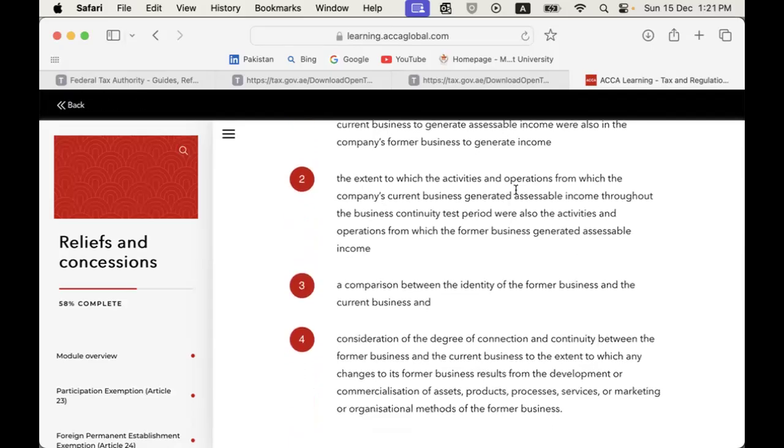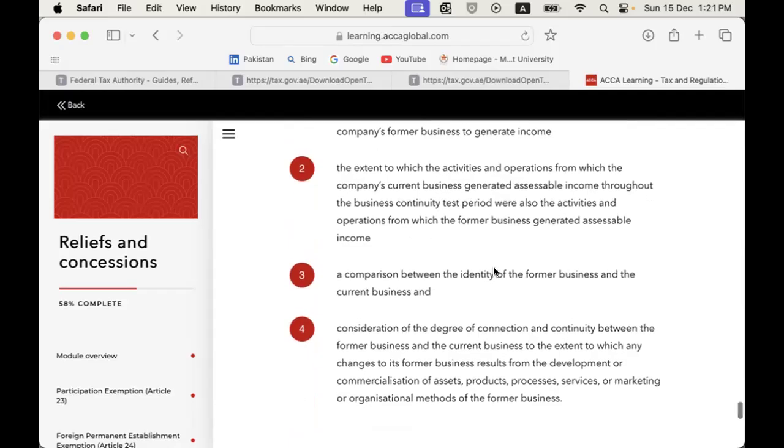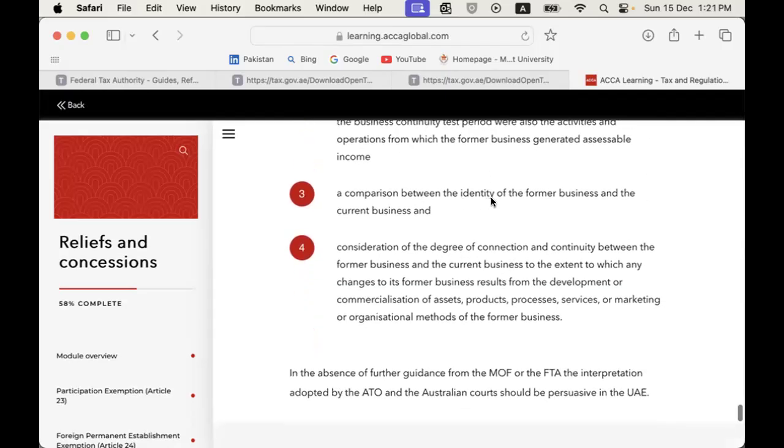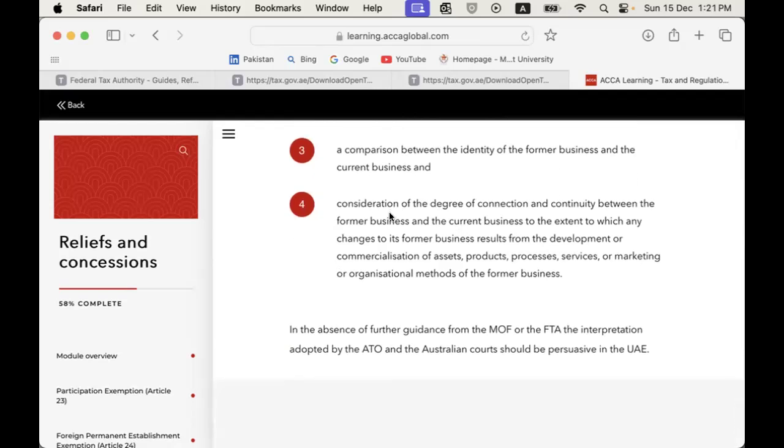The extent to which the activities and operations from which the company's current business generated assessable income throughout the business continuity test period were also the same activities and operations during the period of the assessable income. A comparison between the identity of the former business and the current business. So basically, it's a reality test. Basically, it's a test of facts. Conditions of the degree of connection and continuity between the former business and the current business, to the extent to which any changes to its former business result from the development or commercialization of assets, products, processes.